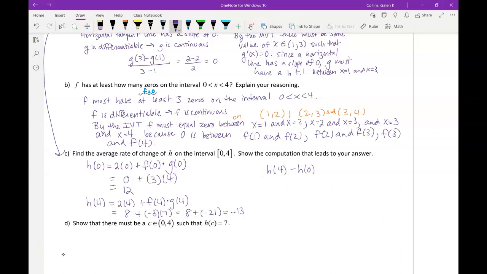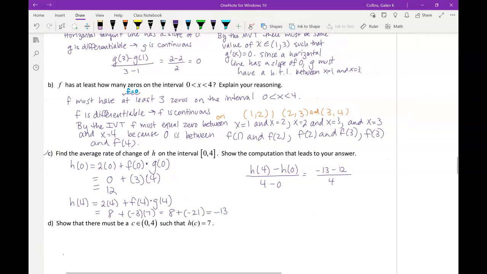So h of 4 minus h of 0 over 4 minus 0. Well, h of 4 we said is -13 minus h of 0, which is 12. All of that over 4. And I know -13 minus 12 is -25. So -25 fourths is our average rate of change.